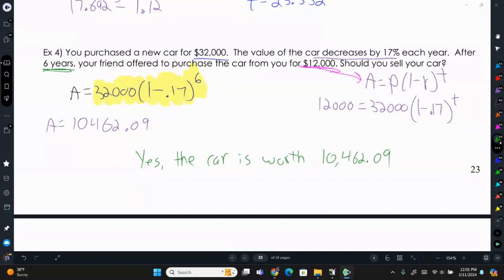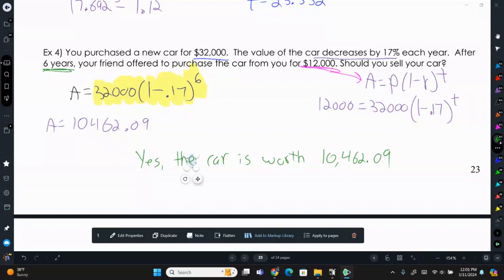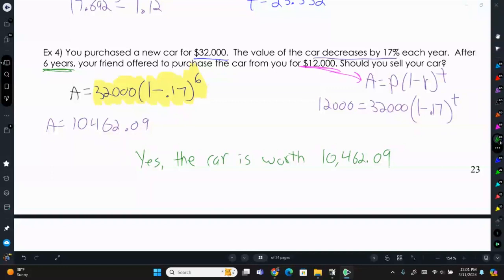We would be selling it for more than it's worth. And I guess if that's your friend, you may not want to do that. But in the sense of making the most money, yes, we'd want to do that, because it's only worth $10,500 or so, and my friend wants to give me $12,000.